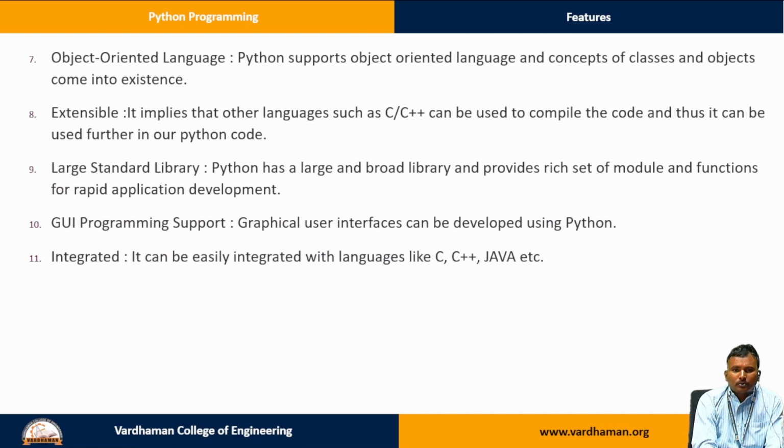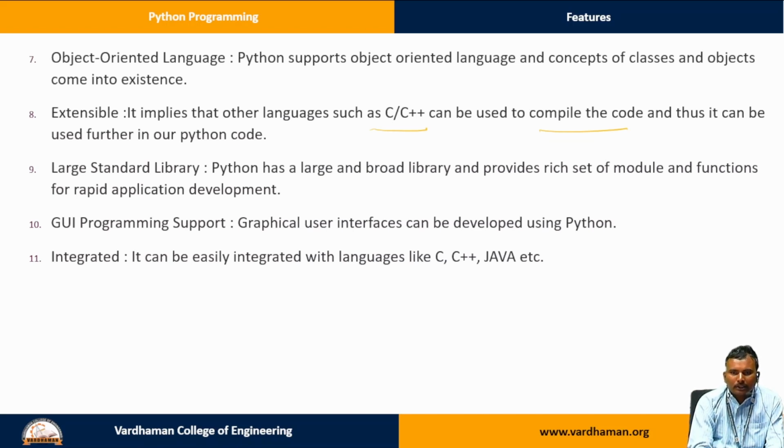And it's an extensible language. Like other languages, Python can be used to develop and compile C++ code in our program. So other languages such as C++ can be used to compile code.